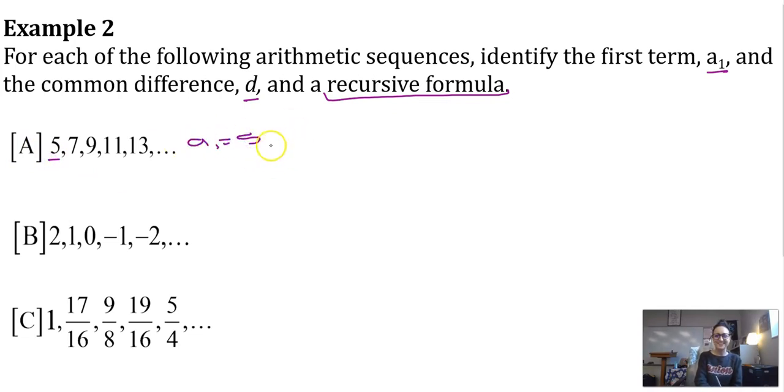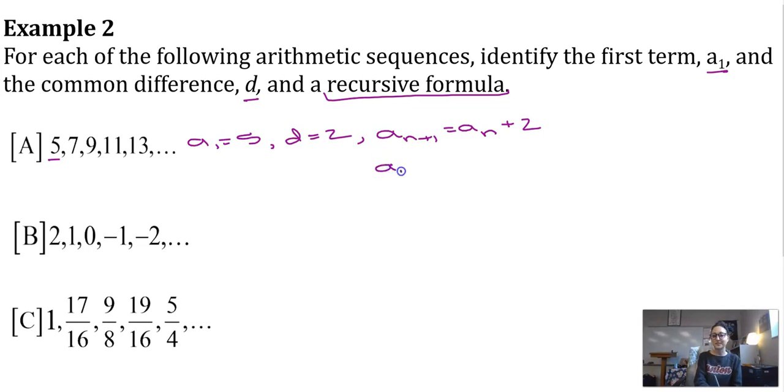What am I adding each time? I'm adding 2 each time, so d is 2. And so if I have a sub 1, then my recursion formula, I could say a sub n plus 1 would be the previous term, which would be what? a sub n plus, and I would just keep adding 2, right?